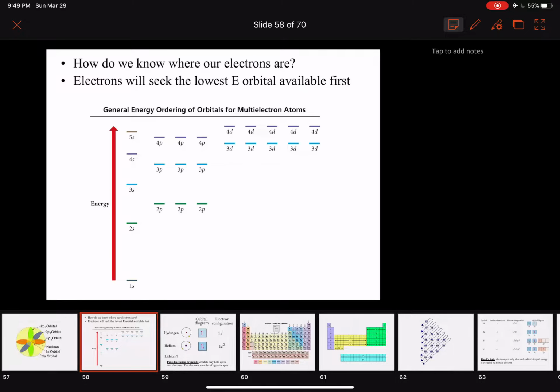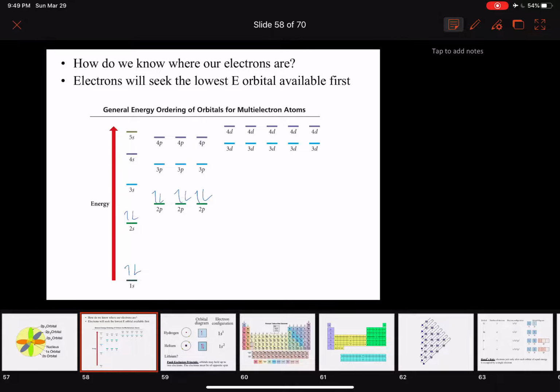The first one is on the energy diagram. We can see that we put 2 electrons in the 1s and then 2 electrons into the 2s, and then we start filling the 2p's, the 2px, the 2py, and the 2pz. So we've used up 4 electrons, and then we have 5, 6, 7, and then 8, 9, 10.